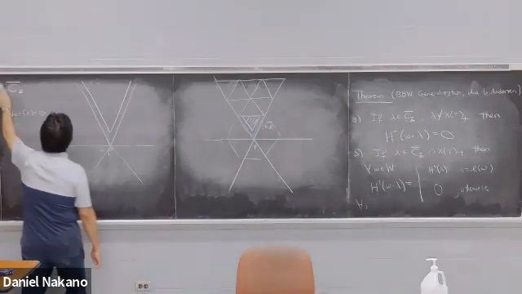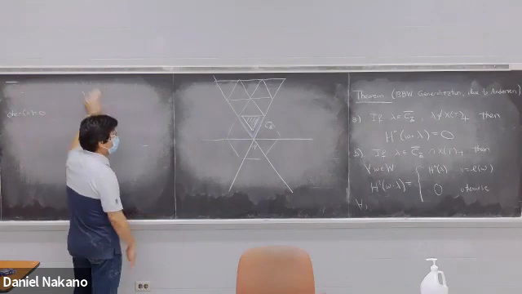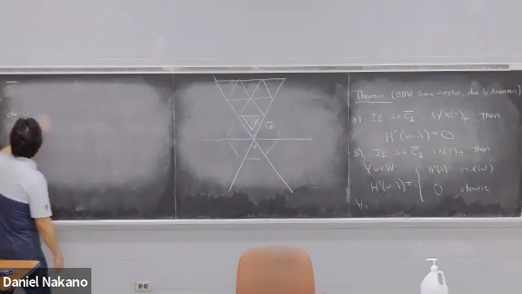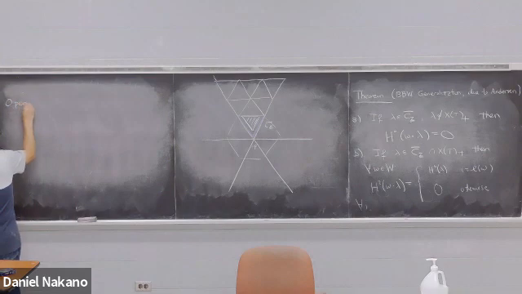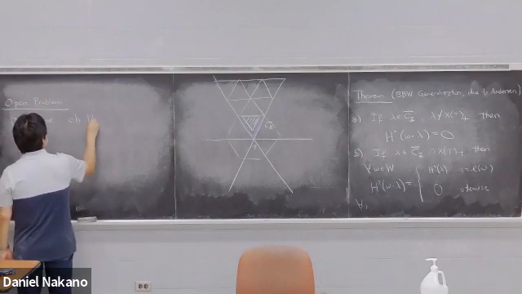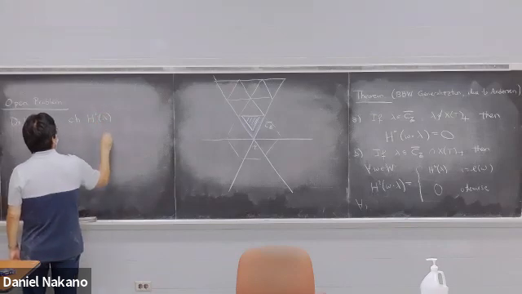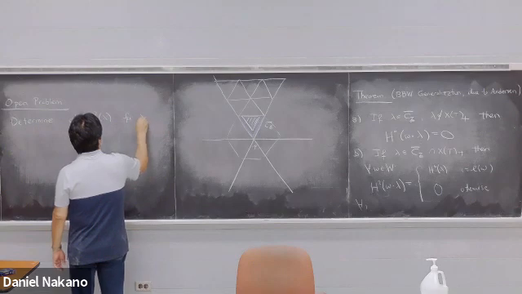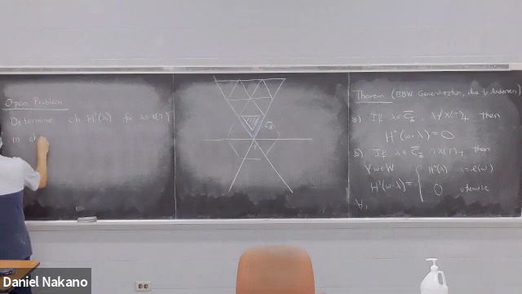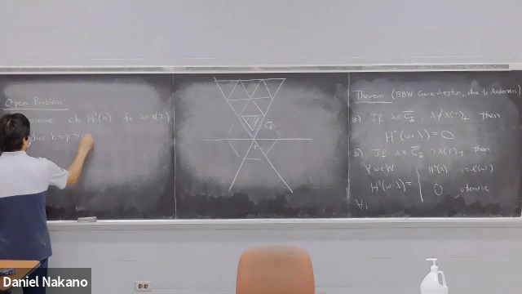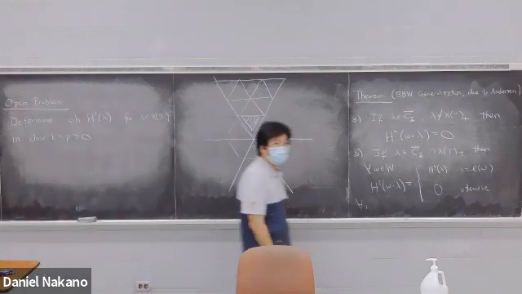Let me state this: it is open to determine the higher sheaf cohomology in characteristic P, even whether it's vanishing or non-vanishing. So the sheaf cohomology is completely unknown.